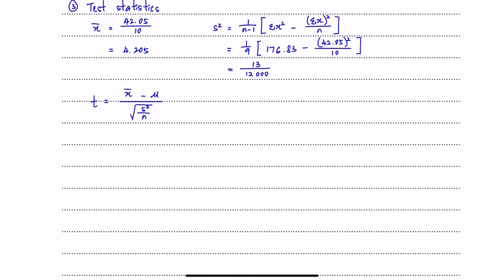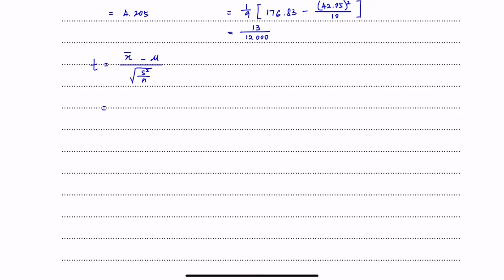So we plug in the figures: 4.205 minus 4.22 over the square root of 13 over 12,000 over 10. So this would give us negative 1.44, rounded to 3 significant figures.